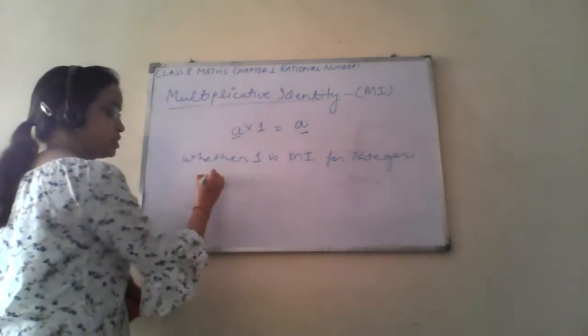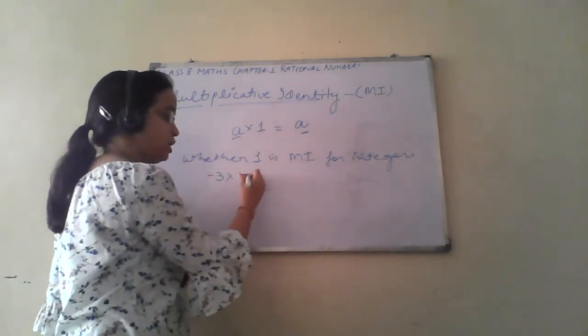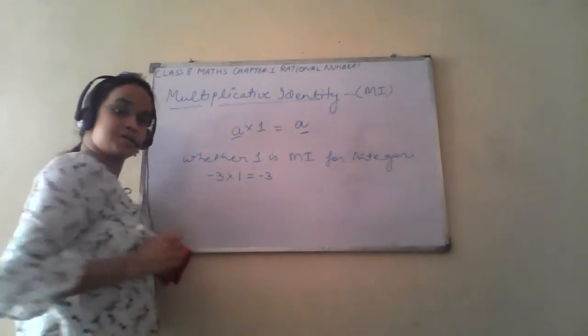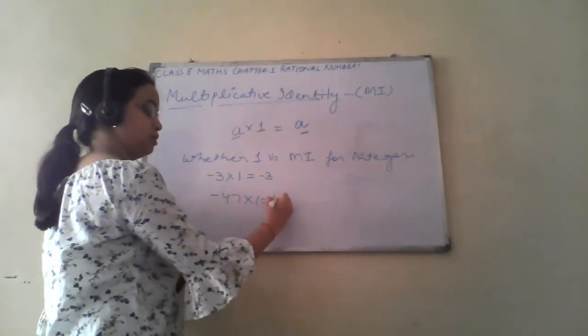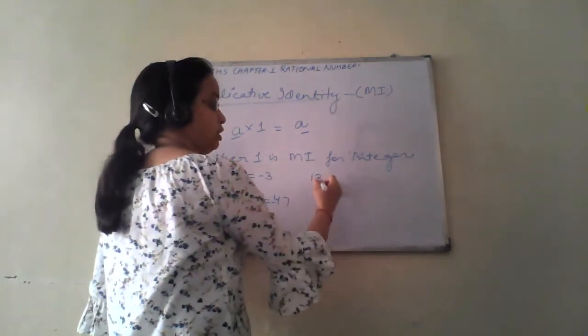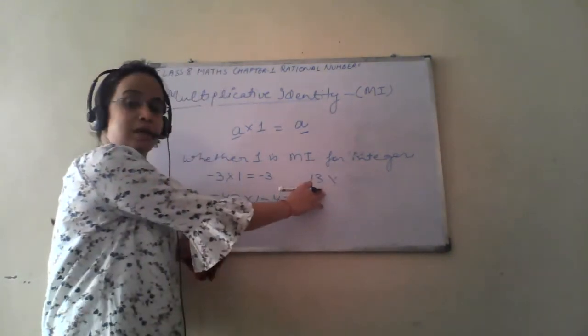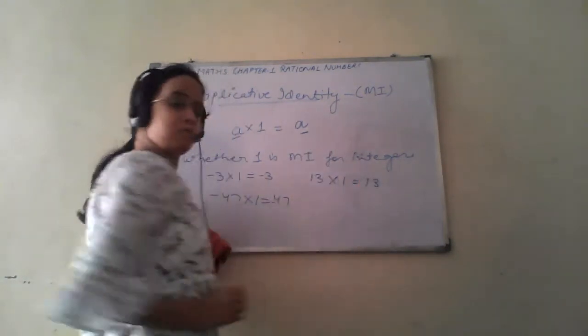Okay, we check -3. It is an integer. We multiply 1 to it, the answer will remain -3. Take -47, we multiply 1 to it, the answer will remain -47. 1 by 3 is not an integer, but if we multiply 1 to it, the answer will remain 1 by 3.